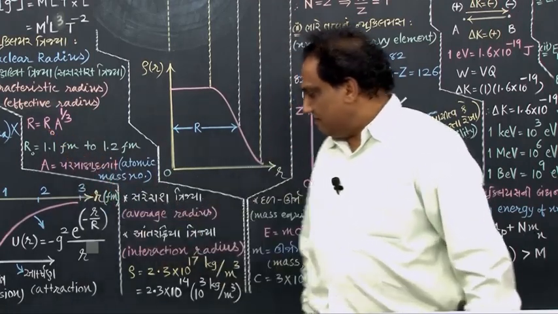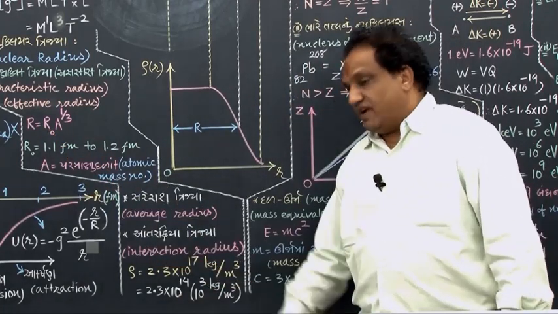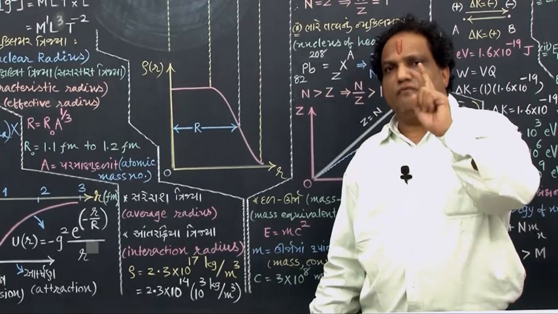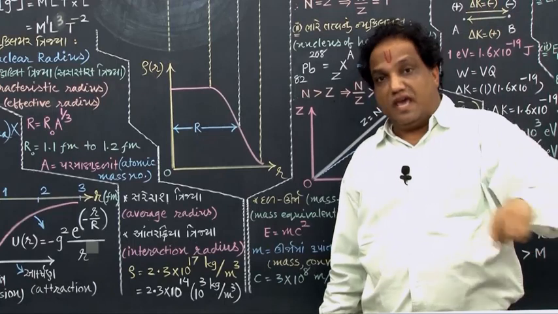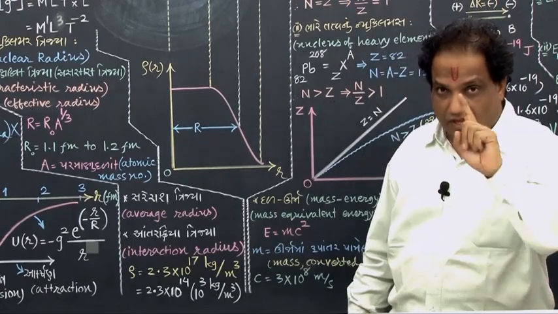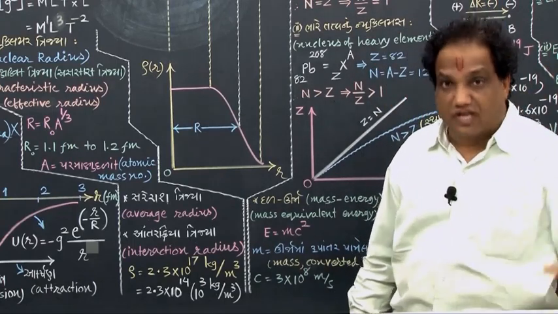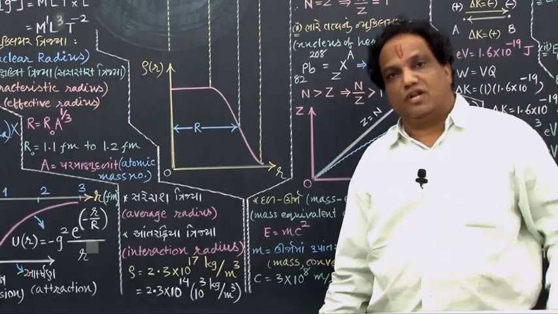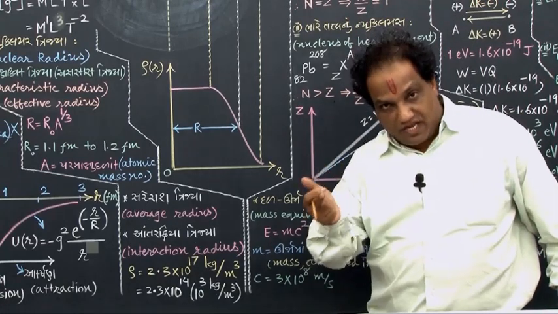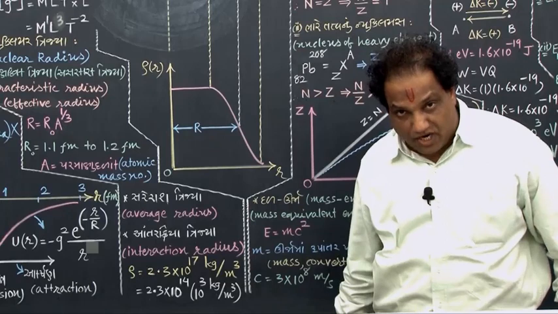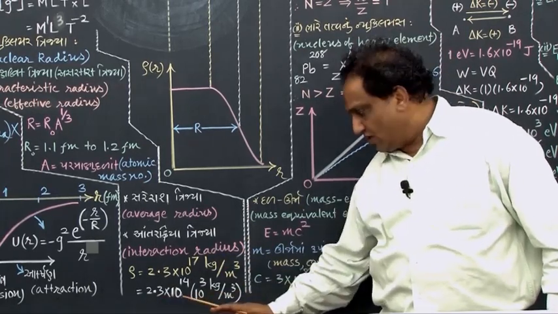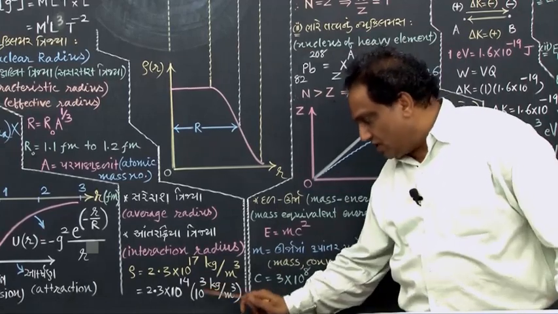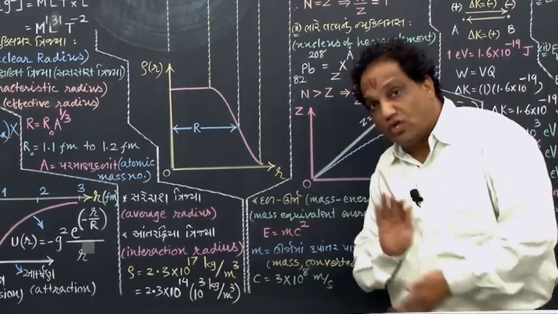What about value of density of nucleus? Value of density of nucleus is found to be very large, as high as 2.3 into 10 raised to 17 kilogram upon meter cube. You can rewrite this way: 2.3 into 10 raised to 14 into 10 raised to 3 kilogram upon meter cube.